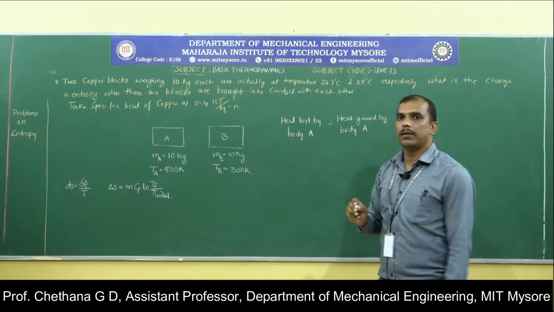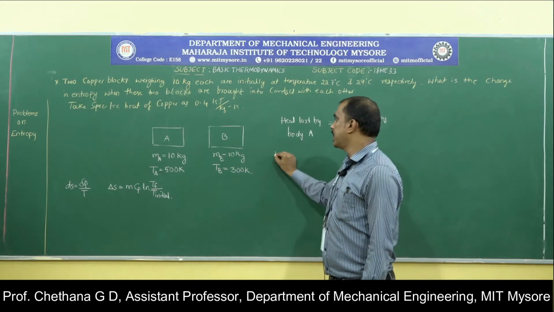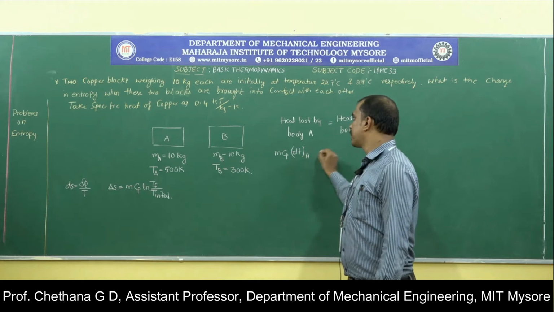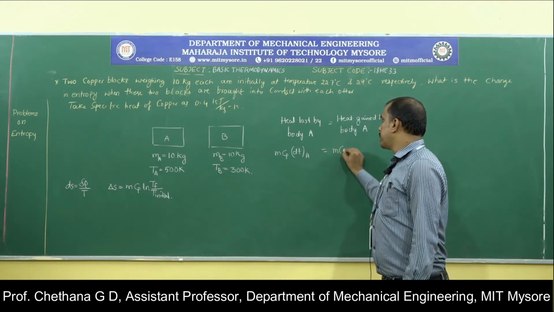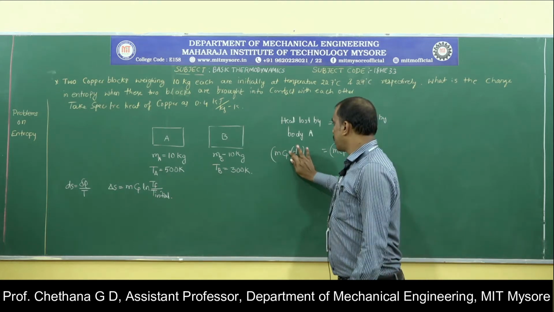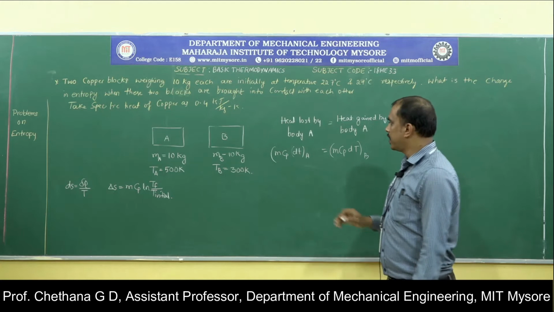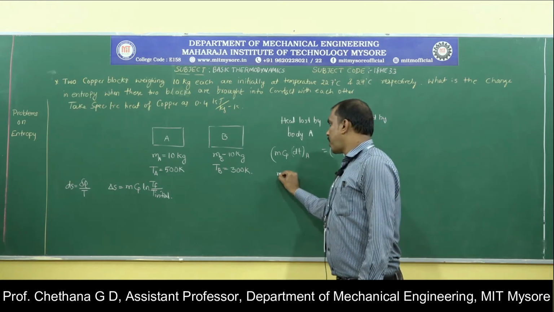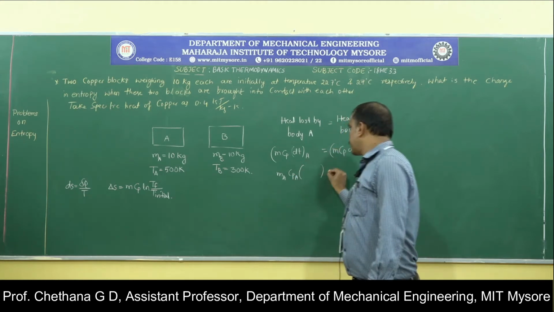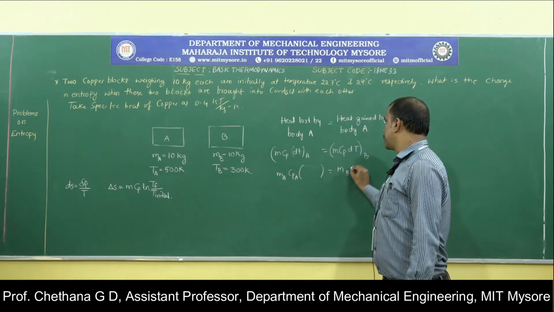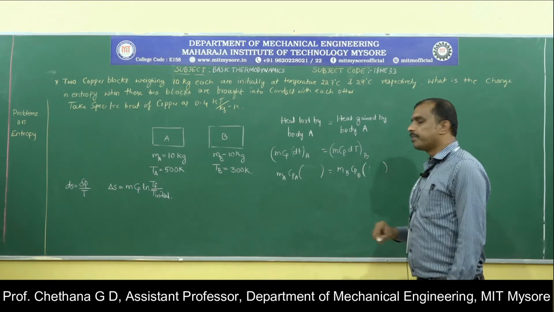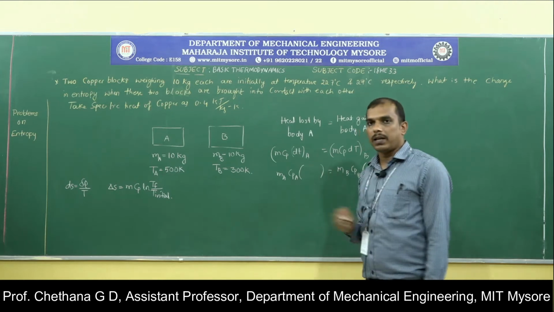So heat lost by body A, constant pressure we have set, is m Cp dT of body A, similarly m Cp dT of body B. Okay, so this is what we can write. Now the mass of body A and mass of body B are same. Now what do you mean by dT here?